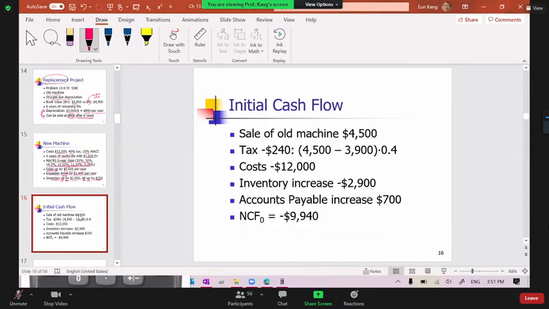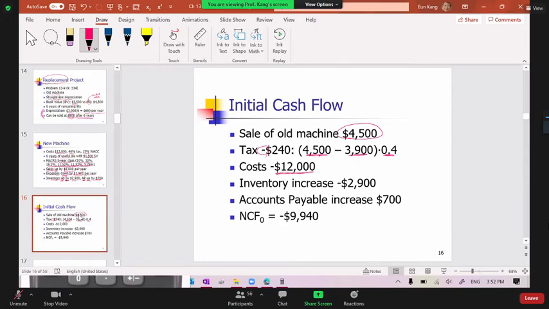So initial year cash flow is very important because there is also tax involved. Sale of old machine 4,500, but what? Book value is 3,900, given in the problem, right? So 600 profit times 40% tax. So that's why it's negative. Then you have to have the cost 12,000 because that is what?